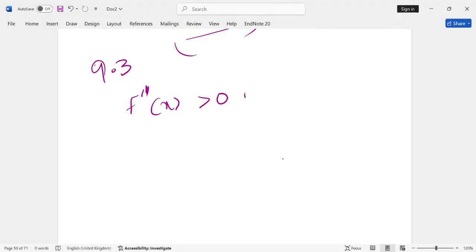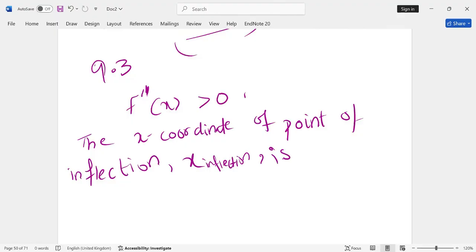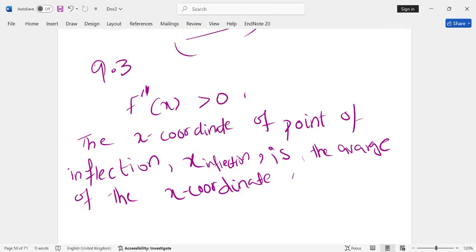The x coordinate of the point of inflection is the average of the x coordinates of the turning points.